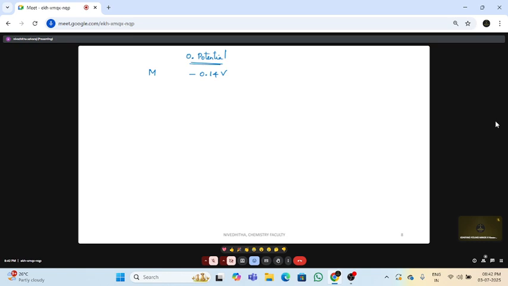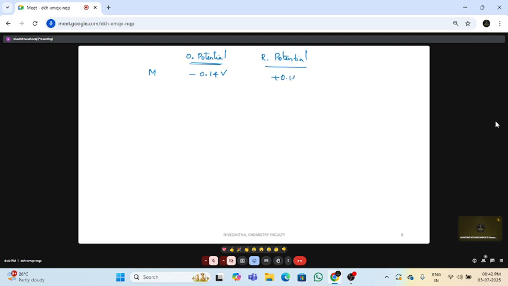You can convert this oxidation potential into a reduction potential just by changing the sign. So if minus 0.14 is the oxidation potential of the metal, what will be the reduction potential of the same metal? Plus 0.14, that's it.